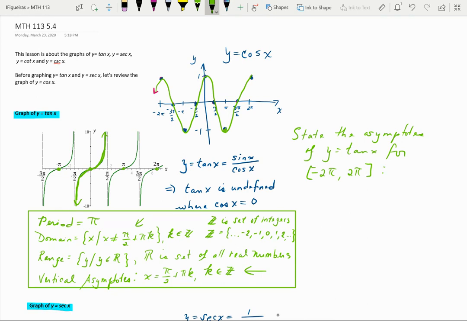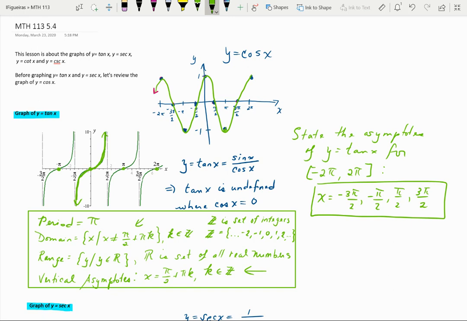And so there your asymptotes would be x is equal to negative 3 pi over 2, x is equal to negative pi over 2, x is equal to pi over 2, and x is equal to 3 pi over 2. So you would have a limited number of asymptotes if you restrict the domain of your tangent.